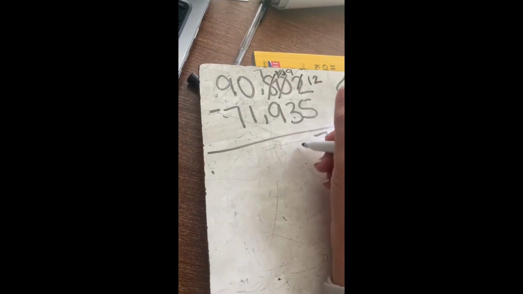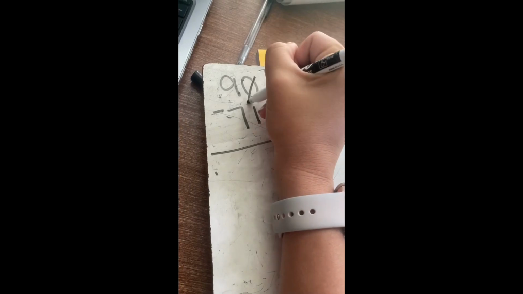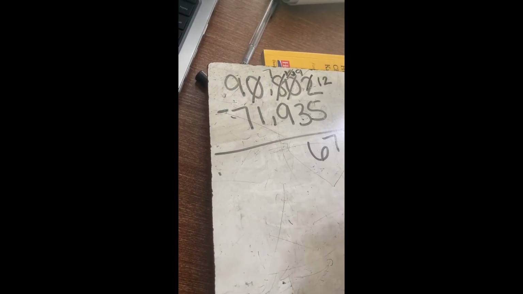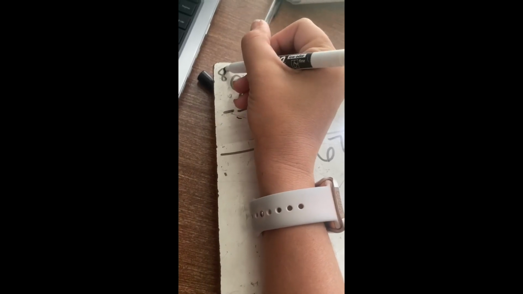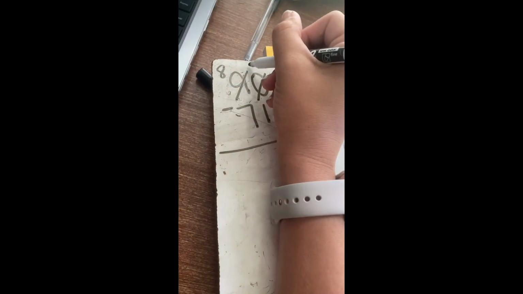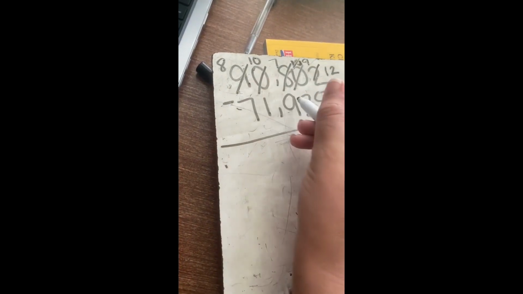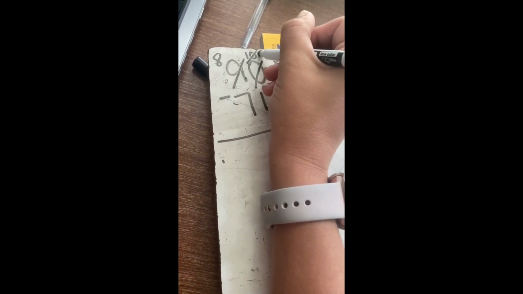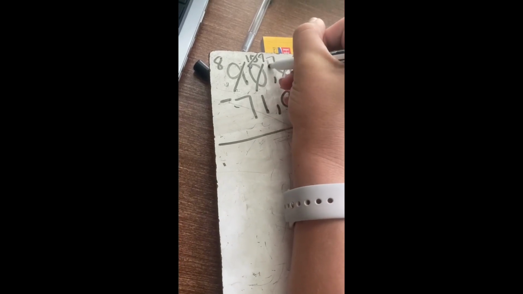9 minus 3 is 6. 7 minus 9 I can't do, so once again I go next door. This can't help me, so I go next door again. This becomes 8 10,000s. They give me 1 10,000 over here. Again, I still can't do 7 minus 9. So this becomes 9,000s, and they give me 1 10,000 over here.